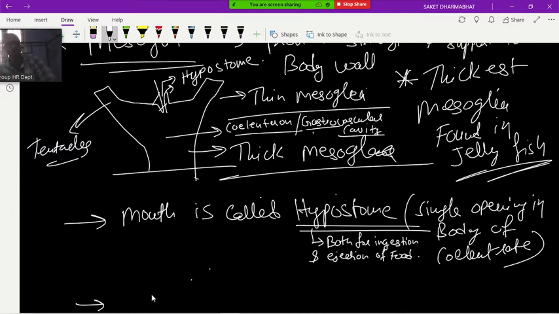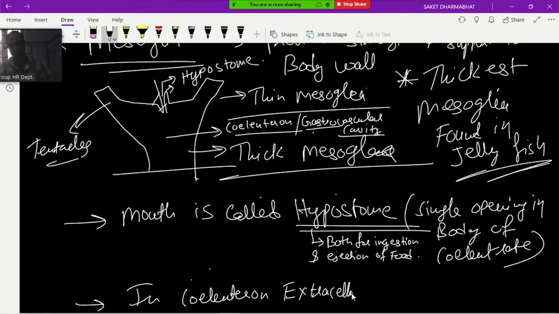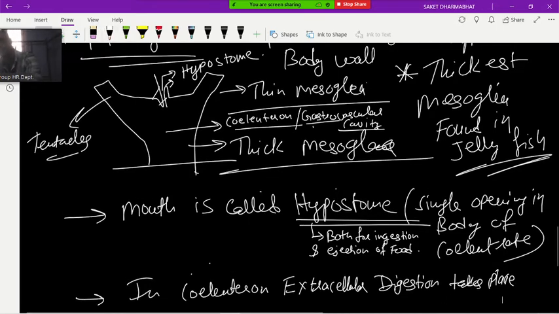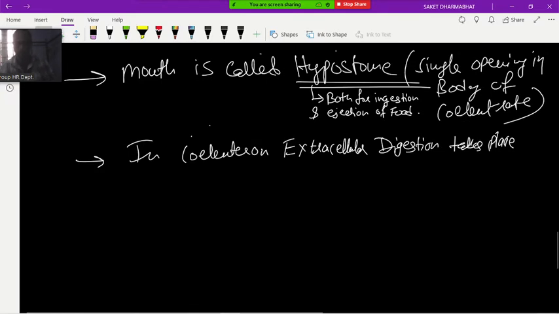So in the gastrovascular cavity, extracellular digestion takes place. Write down. In the coelenteron, extracellular digestion takes place by what?